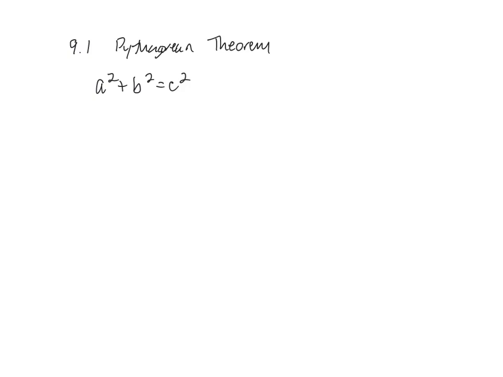But we do have something called a Pythagorean triple. The most popular one is 3, 4, 5.